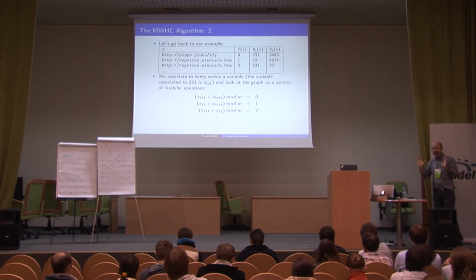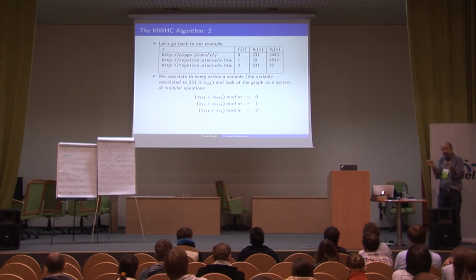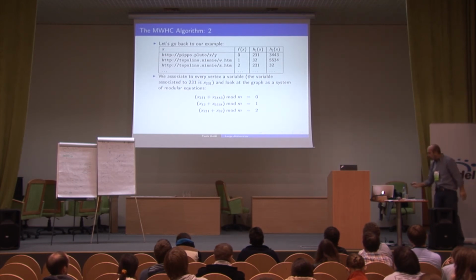So the recipe would be the following. Tell me what is the number corresponding to Pippo, Pluto, xy. Then you apply h1 and h2 to that string. You get the two nodes on which the edge is incident. You get the two x's, the two values corresponding to the two nodes. You sum them, do modulo m, and you are done. You following me? So the only problem is solving this system.